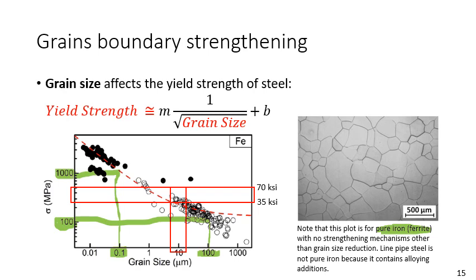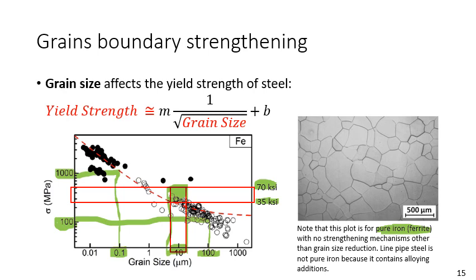This is showing for 3 orders of magnitude decrease in the size of the grains, I can get an order of magnitude increase in the amount of strength. Now I've highlighted the region where most of our line pipe steels are in this 35 to 70 KSI region, and also in the around 5 to 50 micrometer region for grain size.